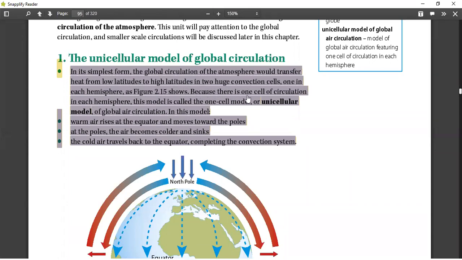Because there is one cell of circulation in each hemisphere, this model is called the one cell model or unicellular model of global air circulation. In this model, warm air rises at the equator and moves towards the poles. At the poles, the air becomes colder and sinks. The cold air travels back to the equator, completing the convection system.